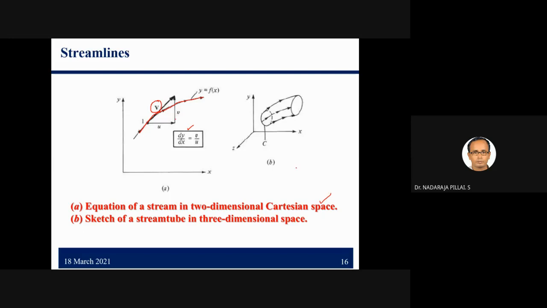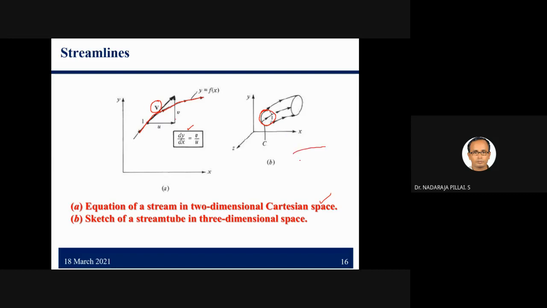Now, I would like to introduce one phenomenon called the stream tube. A streamline is a single line, whereas for the stream tube, let us say we have a curve C. In the curve C, there are a lot of streamlines passing through. It is almost like a hose in the garden, right?